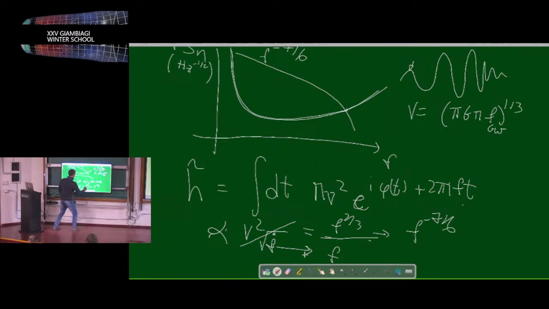And then here you get f dot 11/6, yes. F dot was 11/3, we computed earlier. Inside the square root gives you 11/6. When you combine the two things together, you see that the slope of the gravitational wave in Fourier space goes as -7/6. Sorry for being over time.